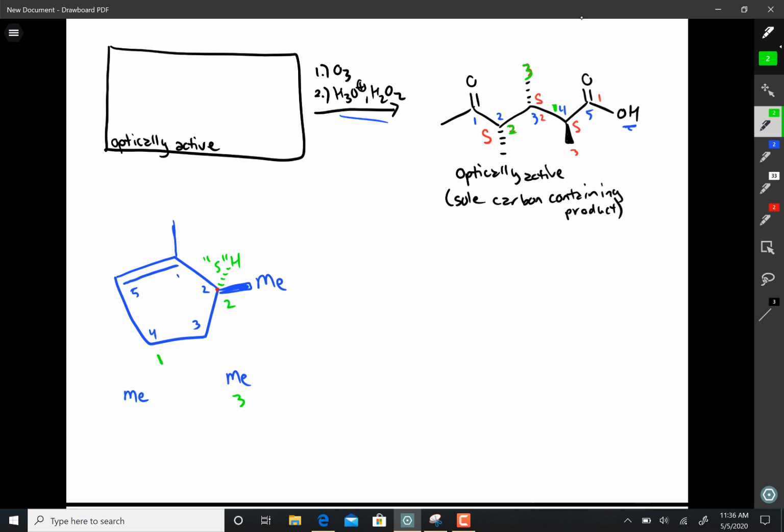And so when we figure out, we're going to get an S chiral center again. 1, 2, 3. In this case, our hydrogen must be coming towards us, so it's a wedge. That means that methyl group is a dash.